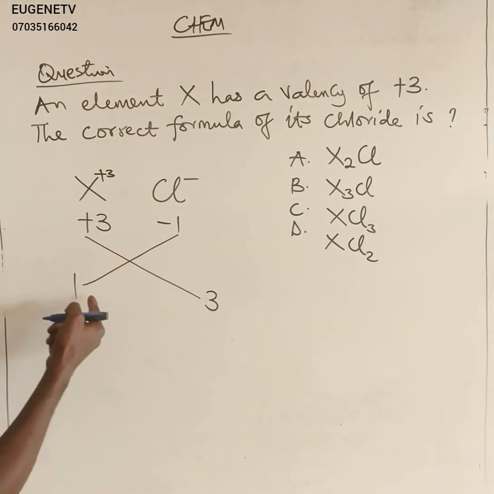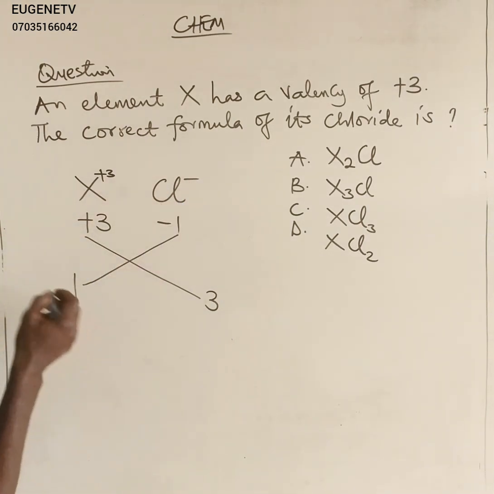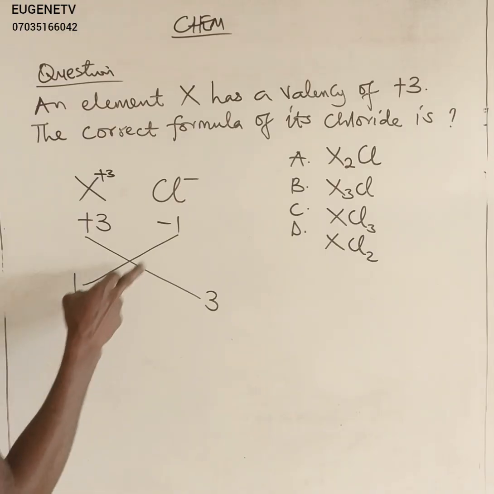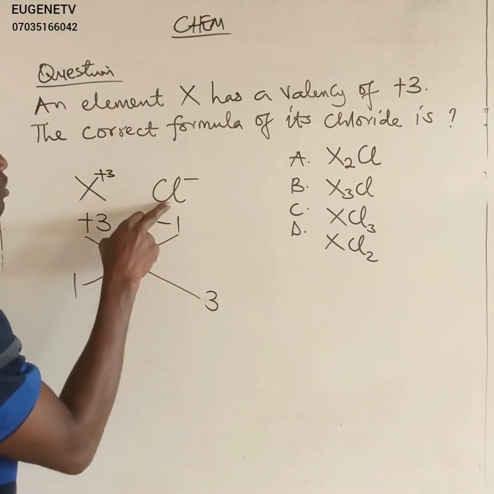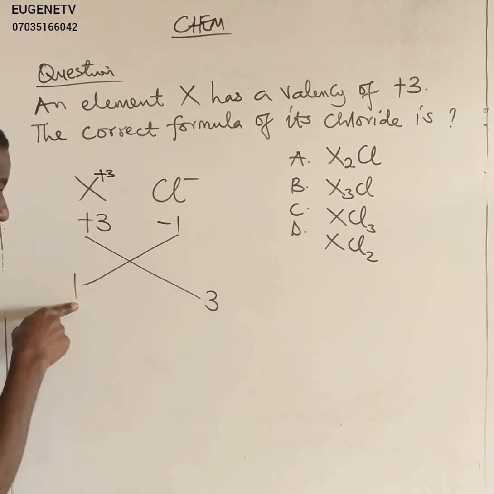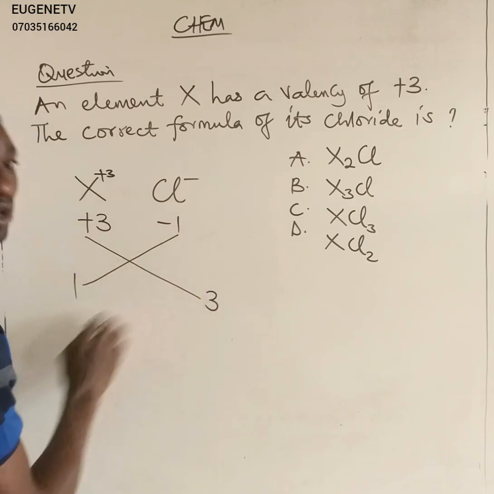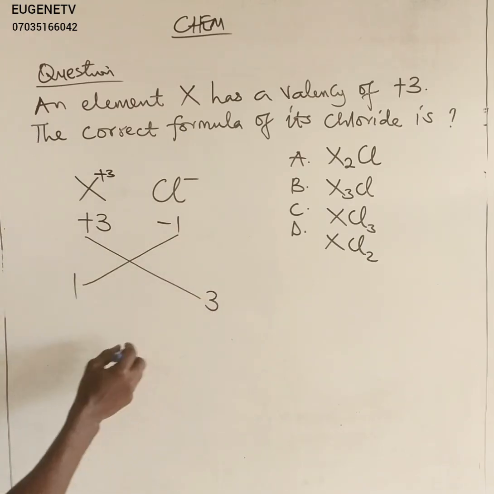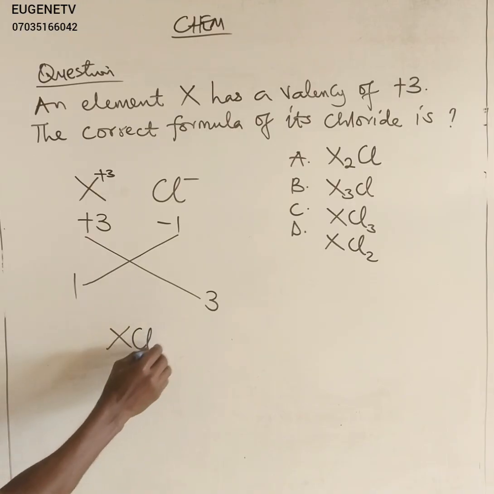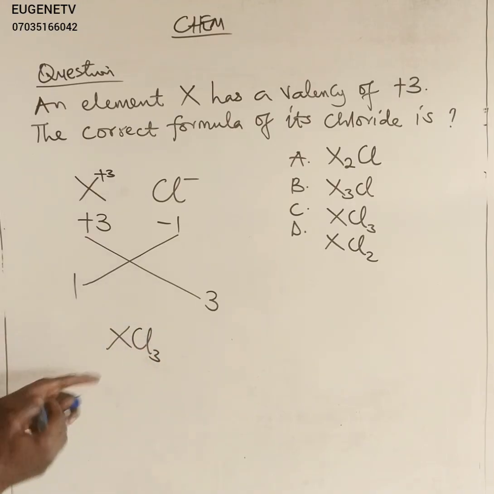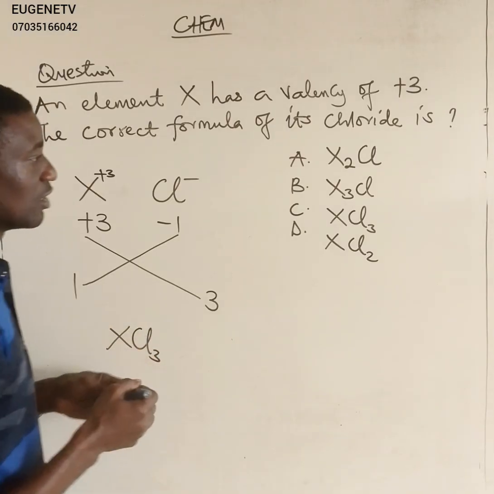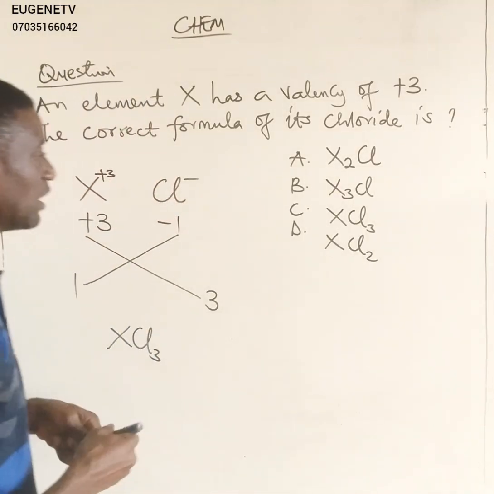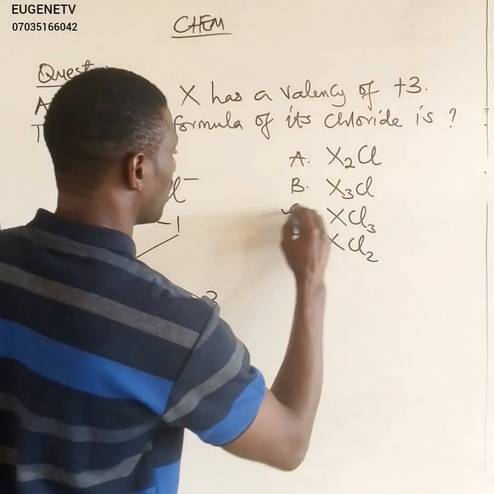By the exchange of their charges, it simply means that for X to combine with chlorine, we need 1 X atom to combine with 3 chlorine atoms. So the formula is going to be 1 X but 3 chlorine. So the formula is going to be XCl3, which means that our option letter C is correct.